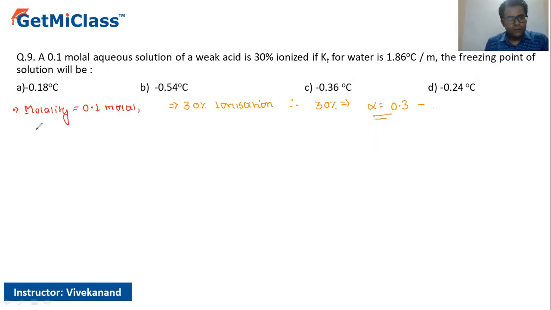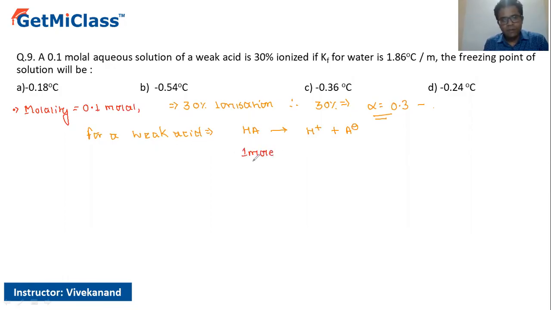Now, if we take into consideration a weak acid, what we have is HA, a weak acid, which gets ionized as H plus and A minus, right? So here we have 1 mole.